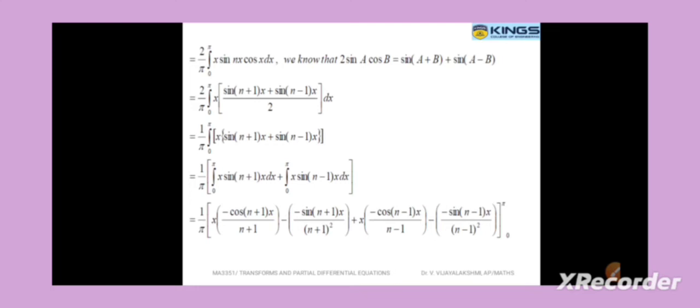When you replace x equal to 0, the first part becomes 0 because x into minus cos((n plus 1)x) is there. For the second one, when you put x equal to 0, you will get sine 0, which is 0. So the first two terms become 0, and for the third one, when you replace x by 0, that part is also 0.